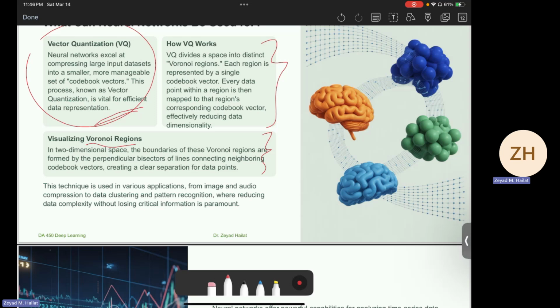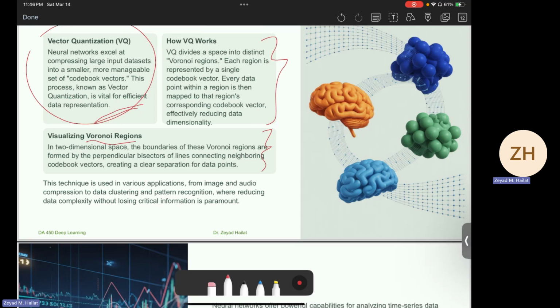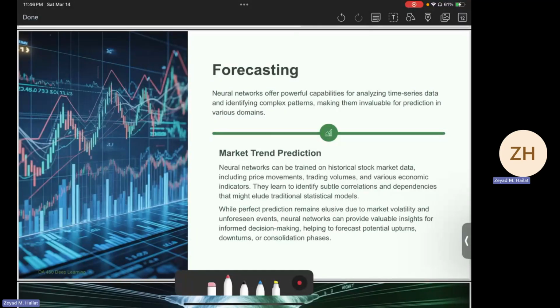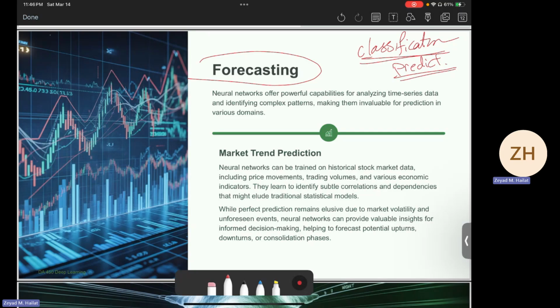Now, going to another application, we can also look at forecasting. Remember that we had classification. Classification is just predicting a specific class of a data point.